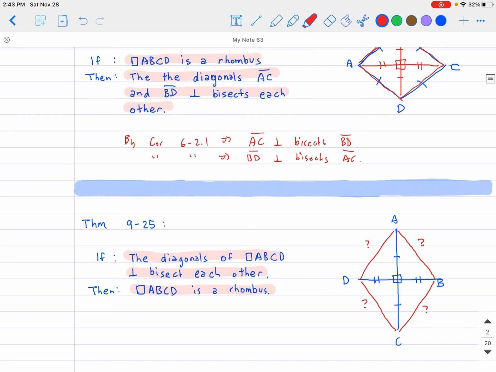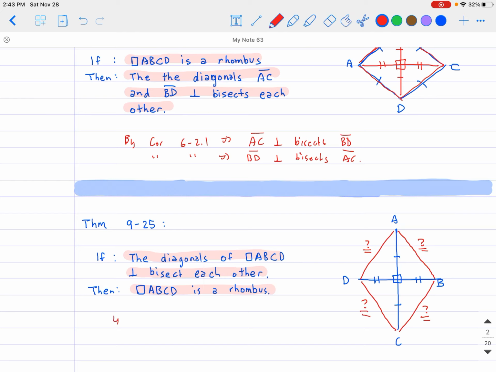Well, this one definitely is a lot easier because looking at the structure that we have right there, we have 4 triangles that are all congruent to each other by SAS. So then we can say by corresponding parts that this side is congruent to this one, is congruent to this one, is congruent to this side.